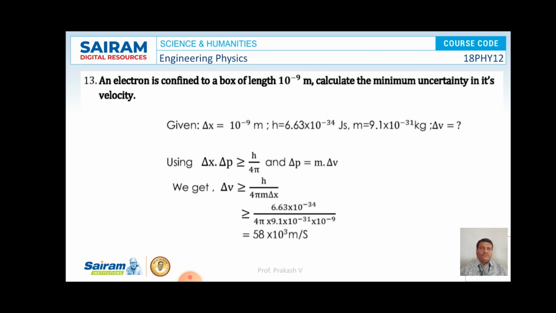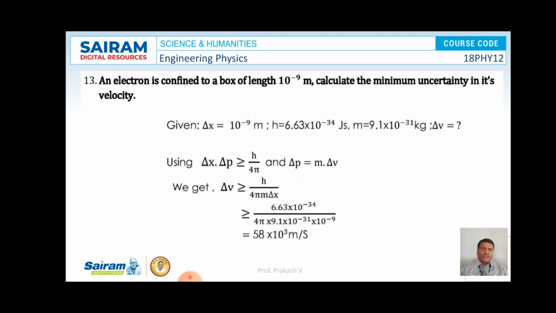So we know from the Heisenberg uncertainty principle that delta x into delta p is greater than or equal to h by 4 pi, but the uncertainty in the momentum, delta p, is equal to m into delta v. Therefore the uncertainty in the velocity delta v is greater than or equal to h by 4 pi m delta x.